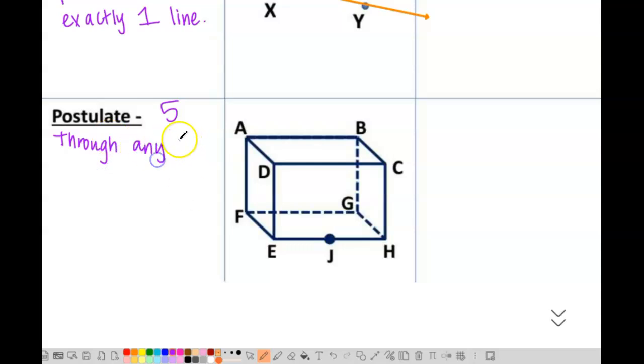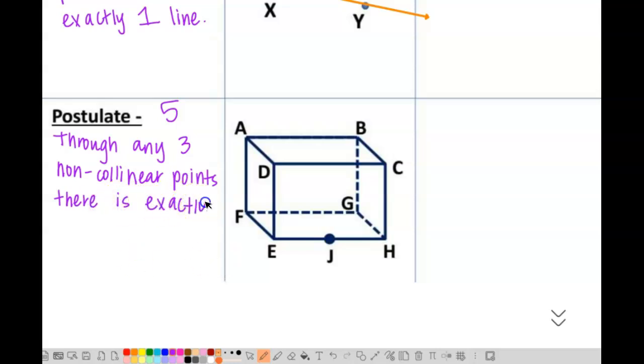Okay. So this postulate is about planes. Through any three non-collinear points, there is exactly one plane.